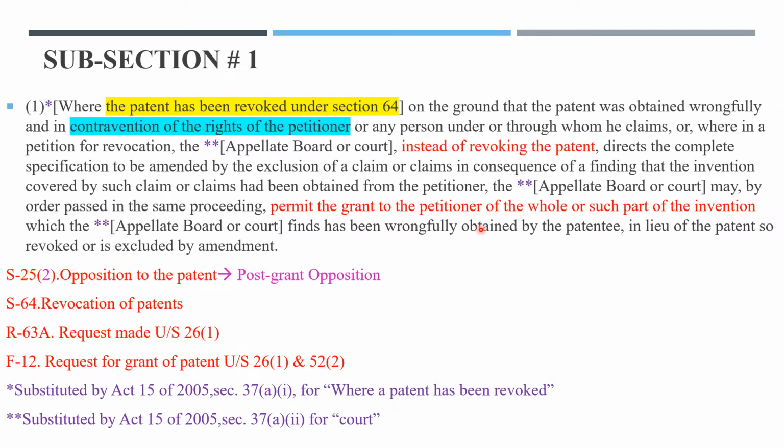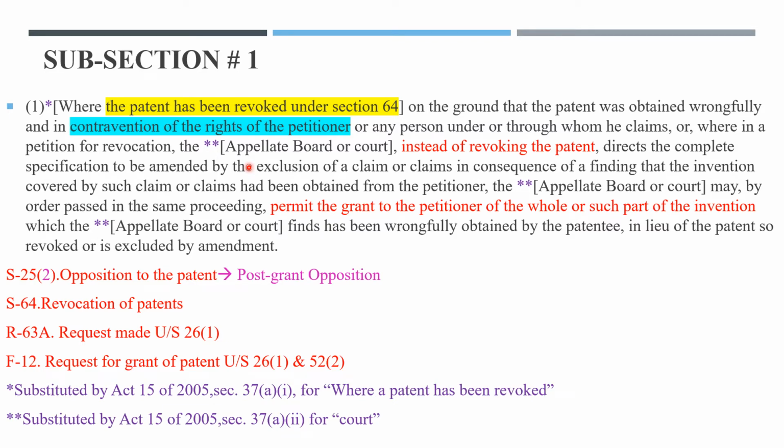That means he gets his right. Okay. Now this is the extension only. Such part of the invention which the appellate board or court finds has been wrongfully obtained by the patentee in lieu of the patent, so revoked or is excluded by amendment. Okay. So some situations are mentioned here.